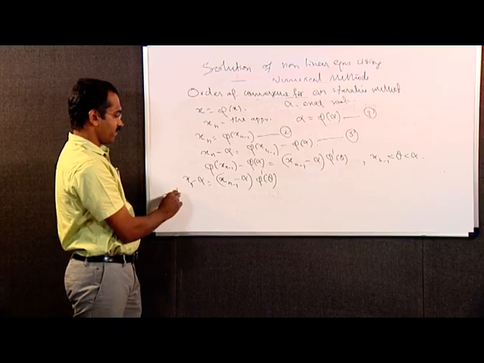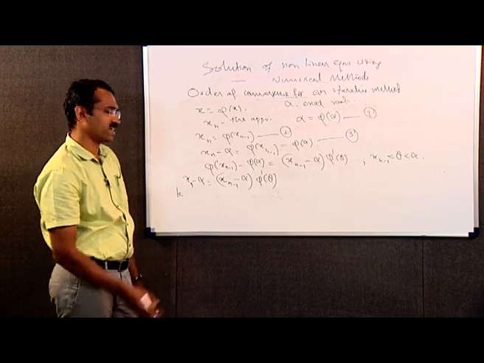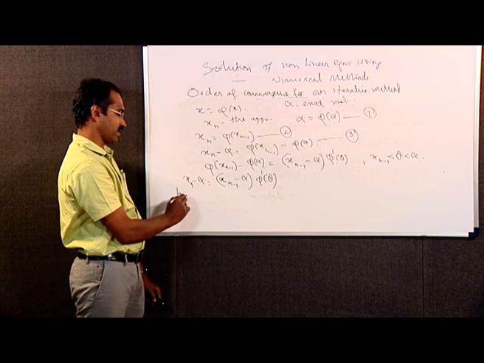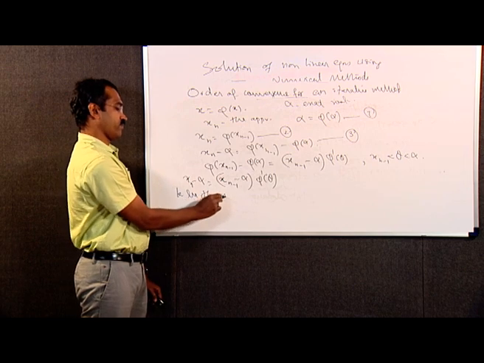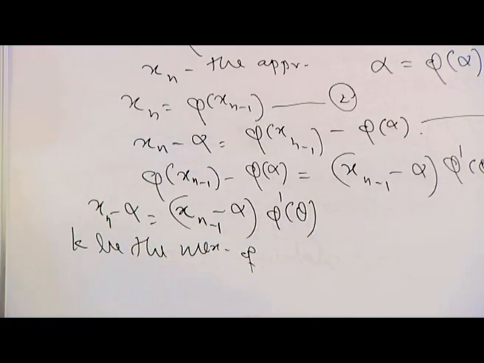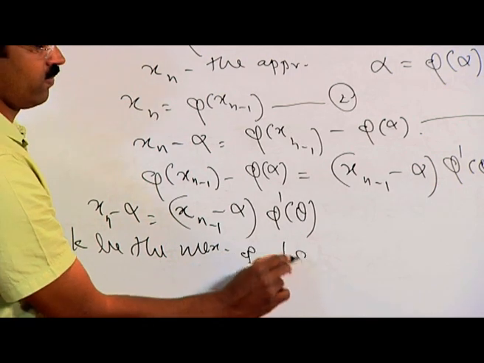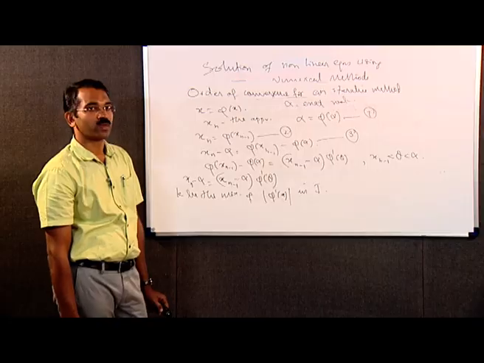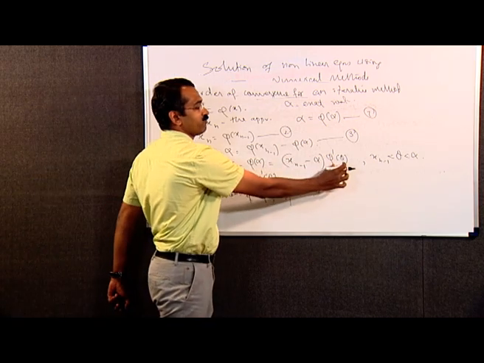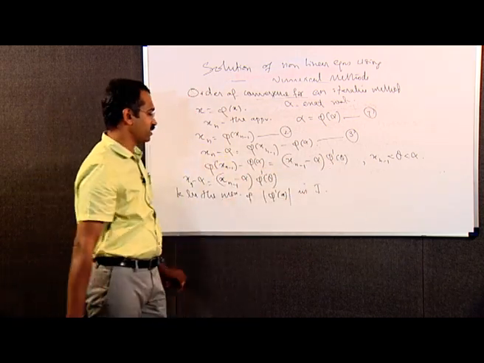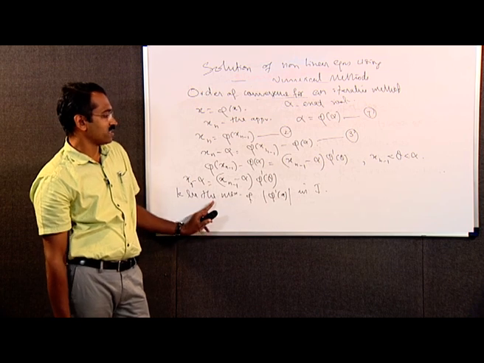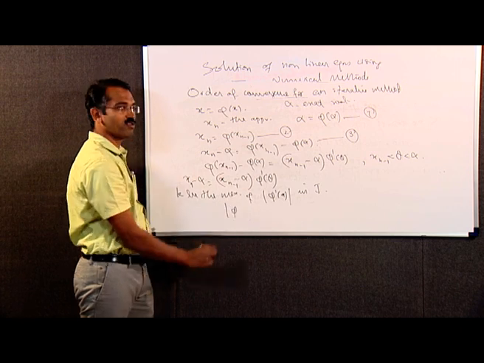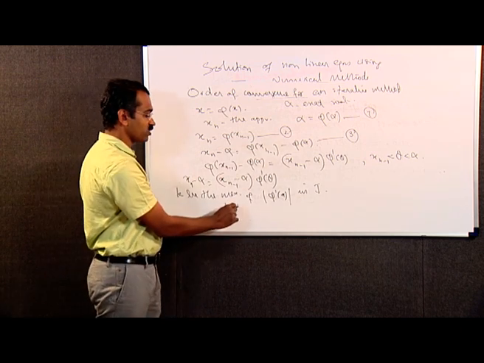Let k be a constant, or let k be the maximum value of modulus of phi dash of x in the interval I. Then modulus of phi dash of theta is less than 1, that is, let k be the maximum, which means modulus of phi dash of x is less than or equal to k.